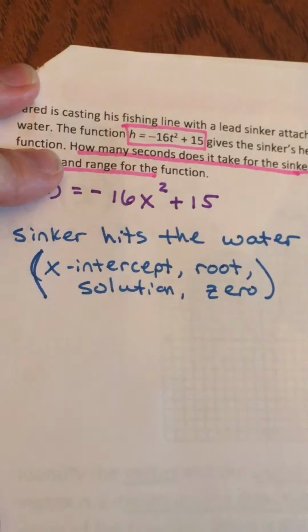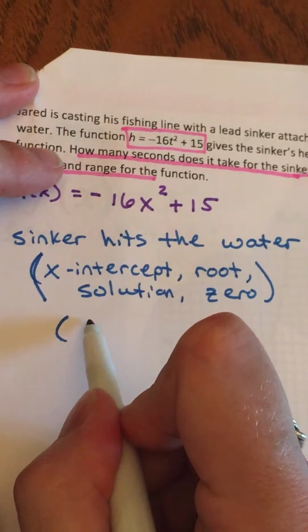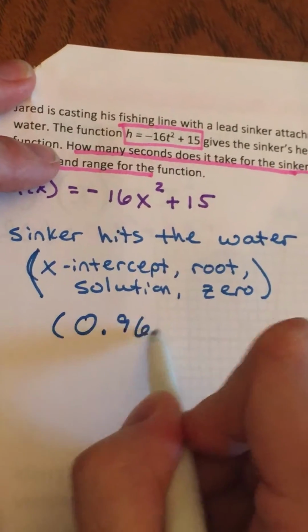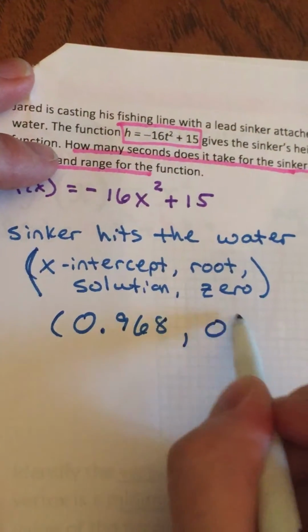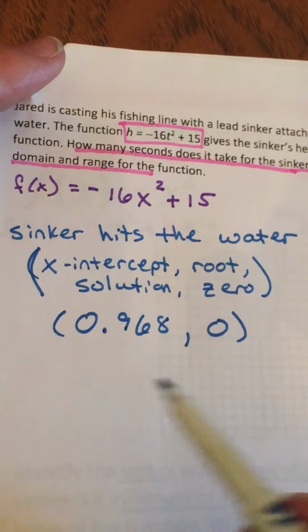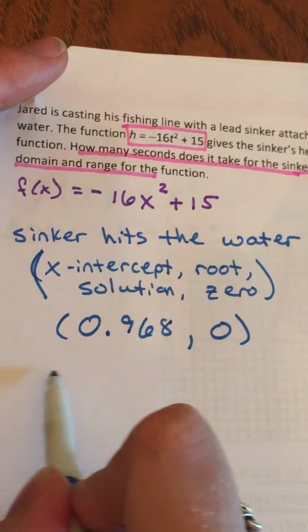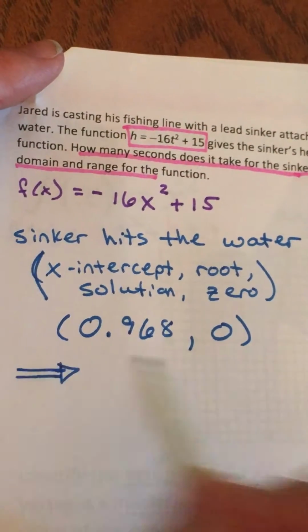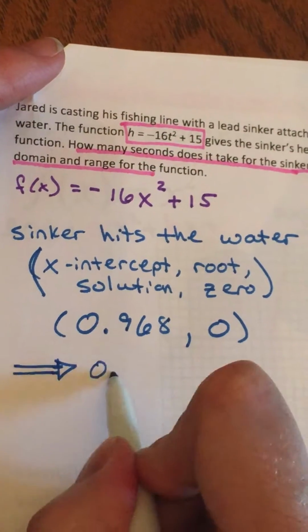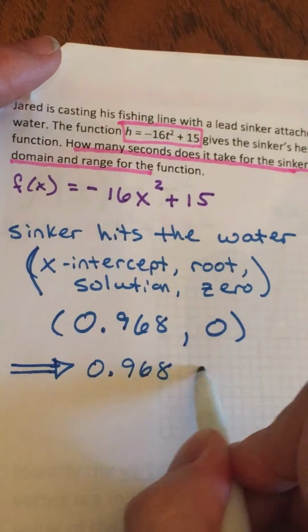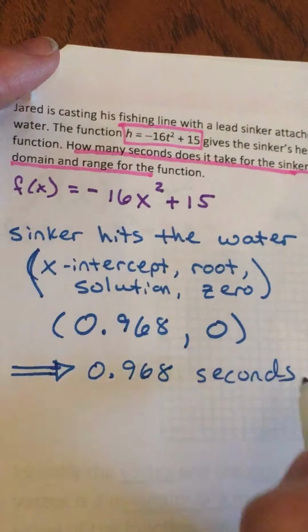So that is the coordinate point of 0.968, 0. So after this is going to happen, our sinker is going to hit the water at 0.968 seconds.